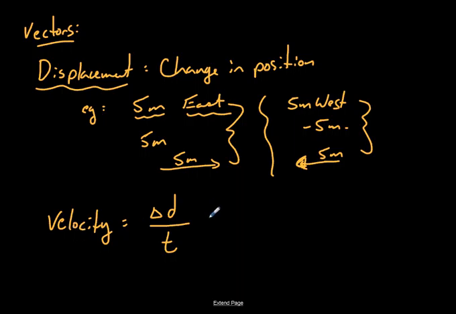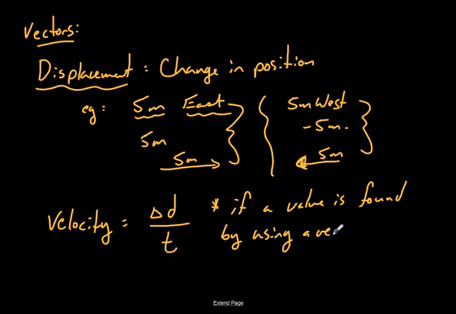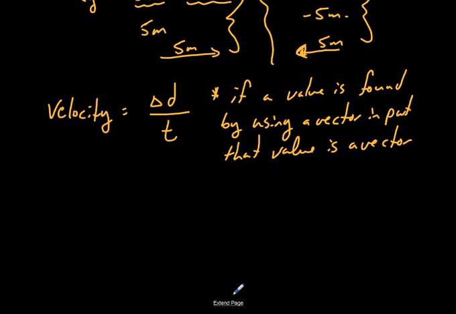So that's something to remember. So write a little note: if a value is found by, or defined by, using a vector input, that value is a vector. So velocity is a vector.